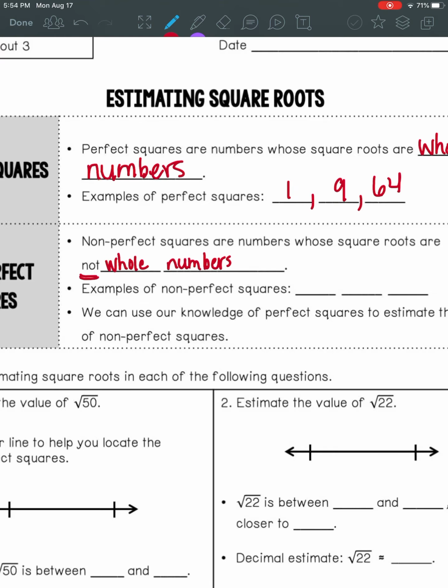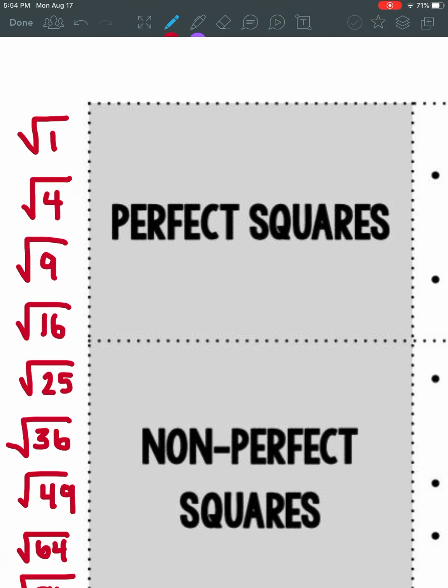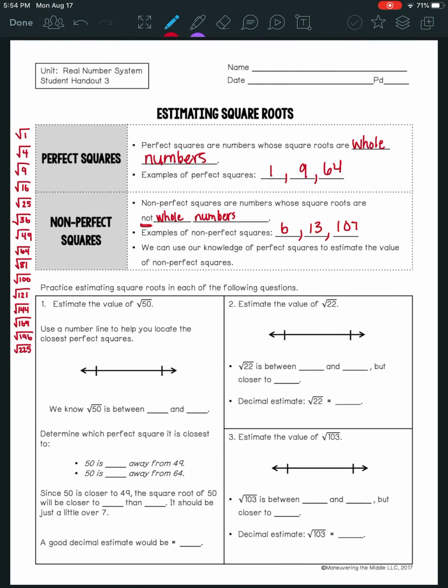So something like the square root of 6, for instance, that's in between our square root of 4 and 9. It's not going to come out to a perfect square. Something like 13. Something like 107. Okay, some examples of non-perfect squares.